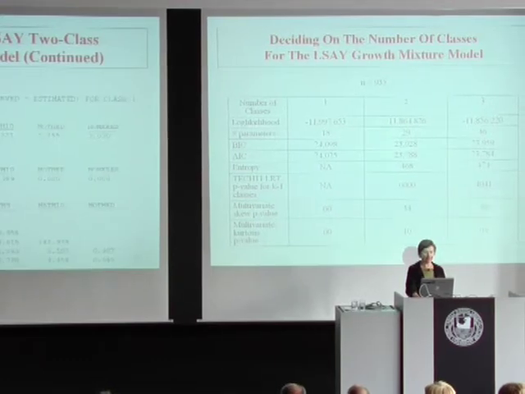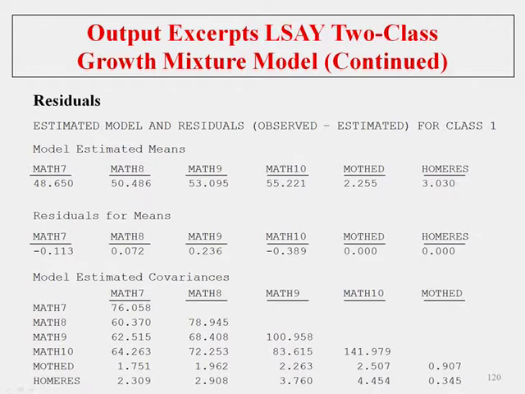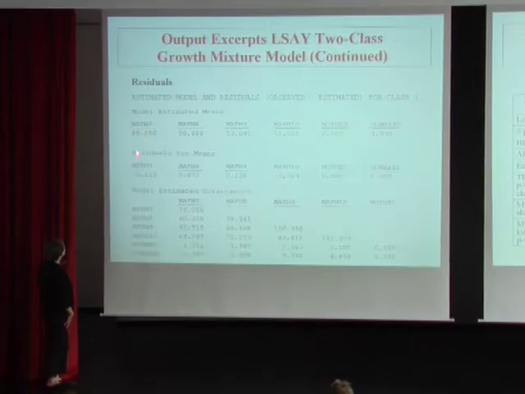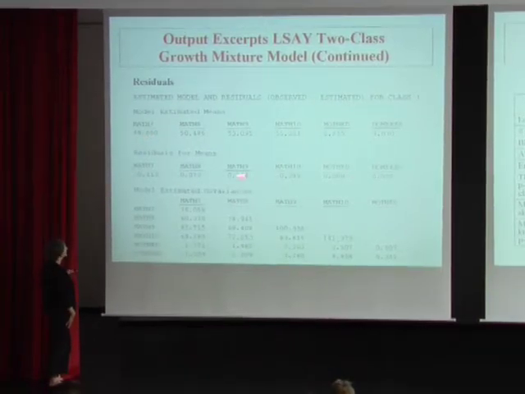And then the residuals that we get. The residuals are the model estimated, so it's observed minus expected, as always. Here's the model estimated, and the observed are not exactly observed because they're posterior probability weighted observed.